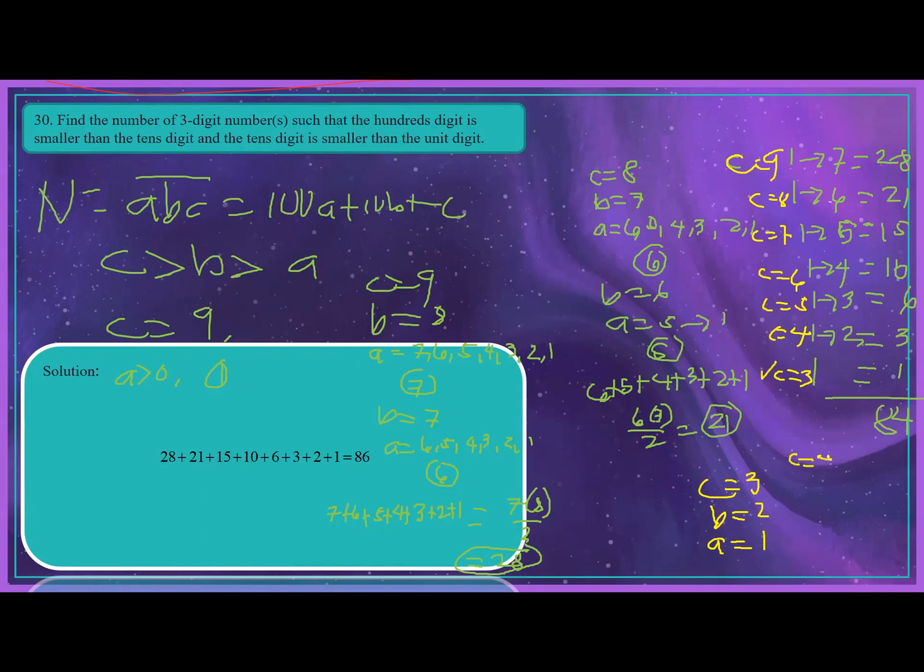When C equals 4, you have B equals 3, and A would be 2 and 1. So this should be only 1 plus 2, that's 3. And when B equals 2, your A would be 1 only. I'll count again. 1, 2, 3. Okay, correct. So the answer would only be 84. There's no 2. That's not 86. So that's 84 only.